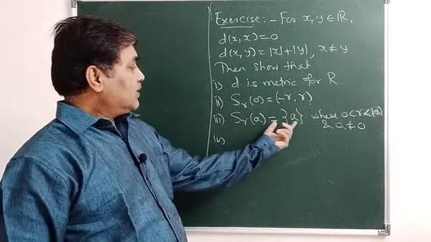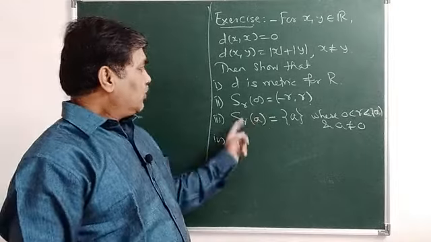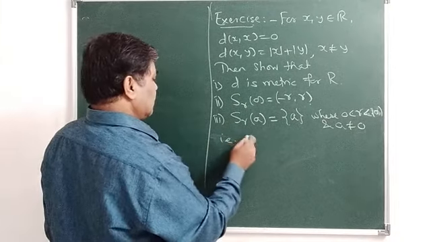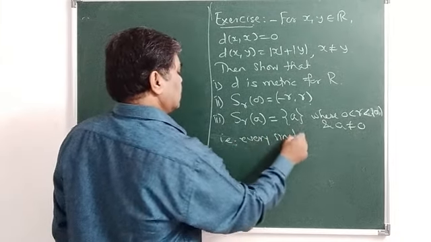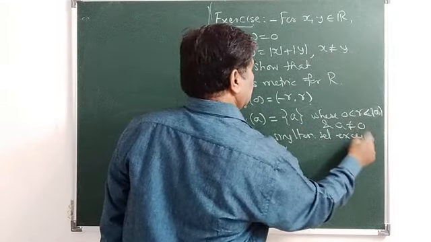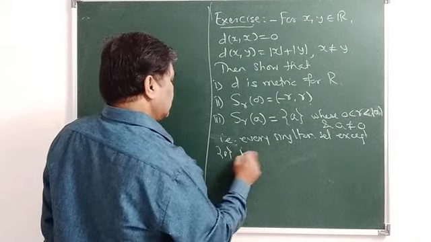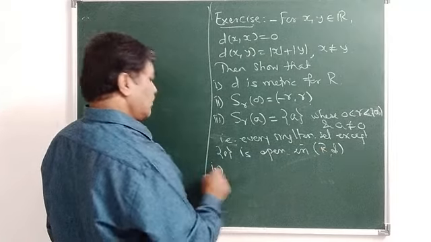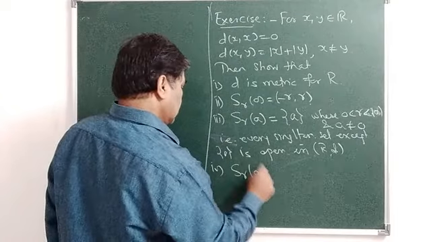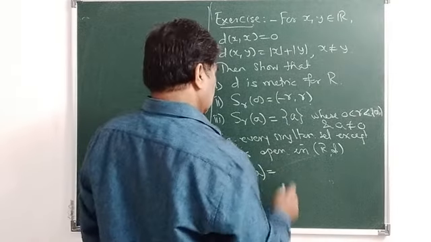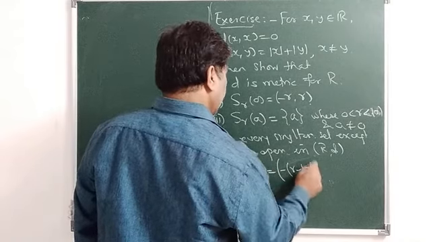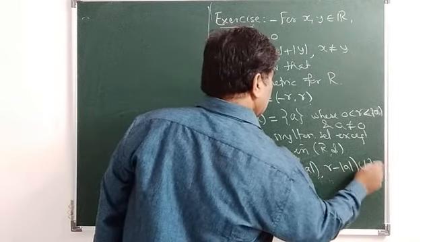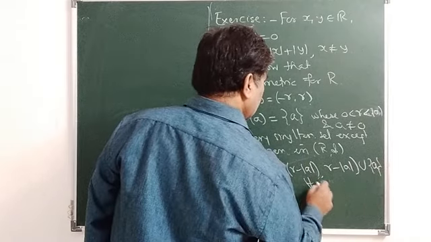The open sphere is just a singleton set here. So with respect to this metric, every singleton set other than 0, that is every singleton set except 0, is open in (R, d). Fourth, S(r, a) is equal to, say, (minus of r minus mod a to r minus mod a) union {a} for any r greater than mod a.